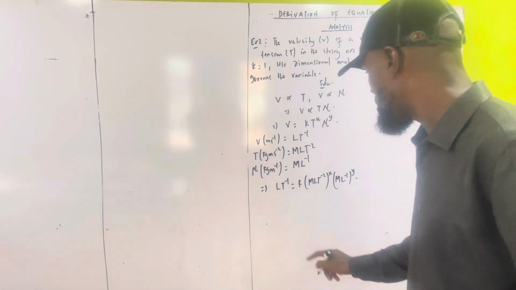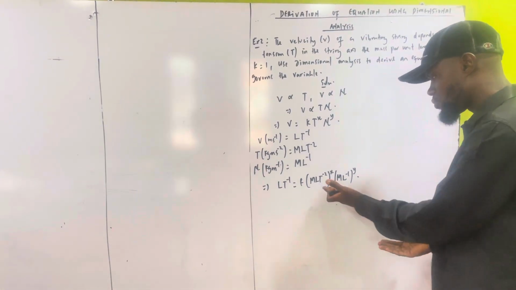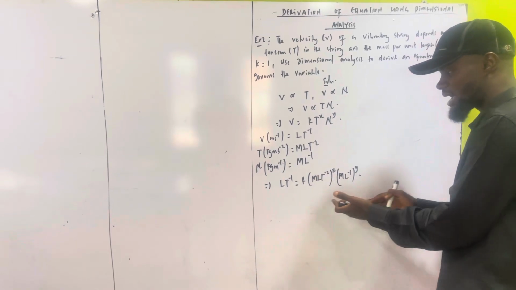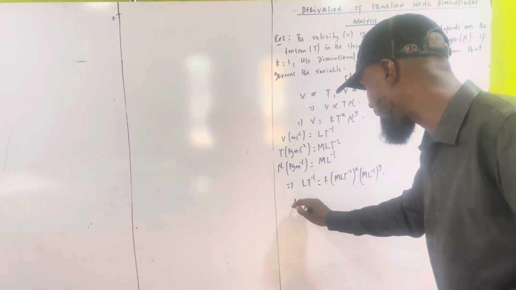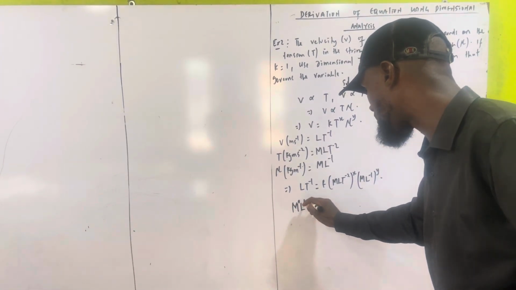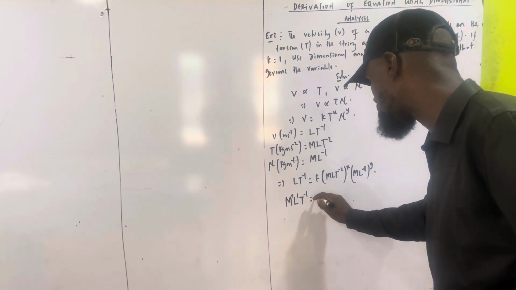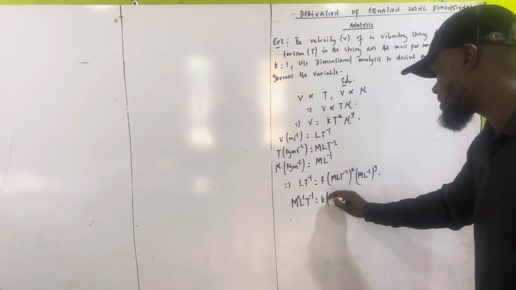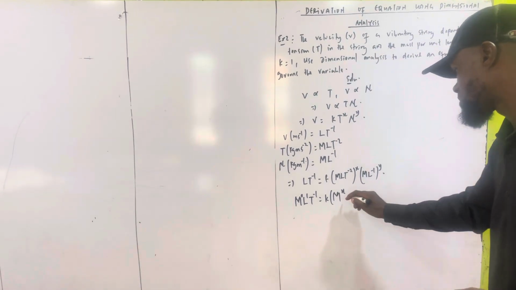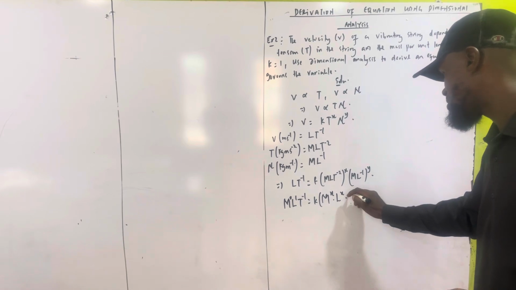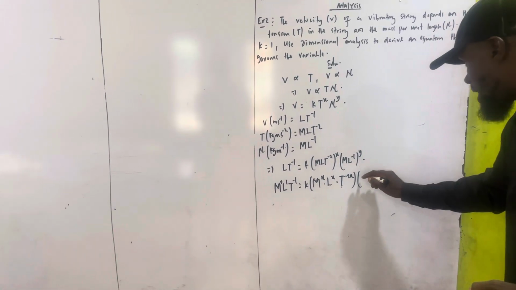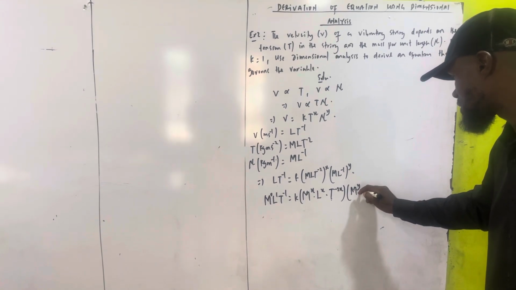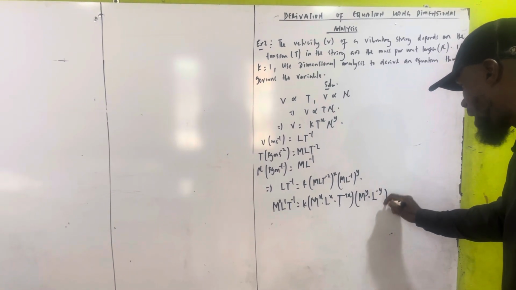Now we have M, L, and T on the right hand side and only L and T on the left hand side. So we have M^0 L^1 T^-1 equals K into bracket: M^x L^x T^-2x, and then M^y L^-y.